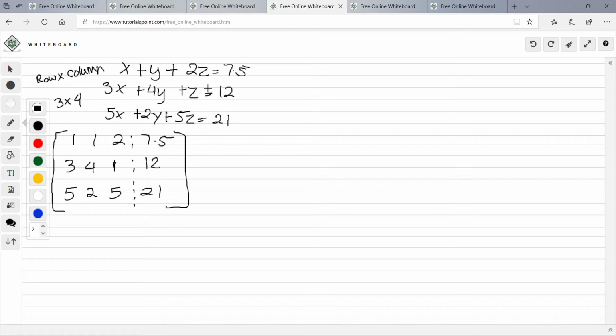Okay, so our goal is to make it look like this: a number, 0, 1, 0, no actually, this is going to be 0, 0, and then 0, 0, 1 and a number.